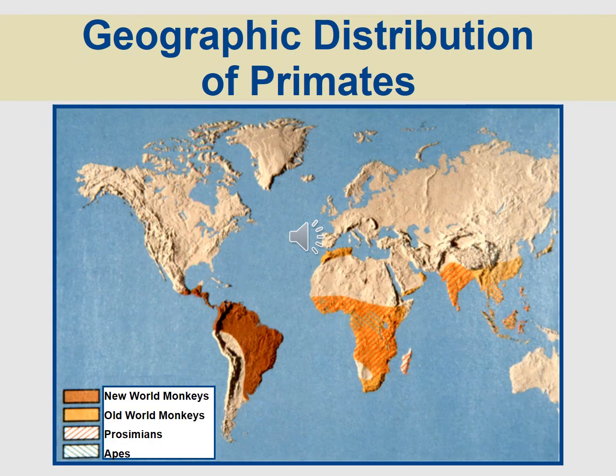If we were to spread the diversity of primates geographically on a world map, this is what it would look like. The areas in brown show you the geographic distribution of New World monkeys living in parts of southern Mexico and all the way down into places like Argentina and South America. Old World monkeys live in both Africa and Asia.